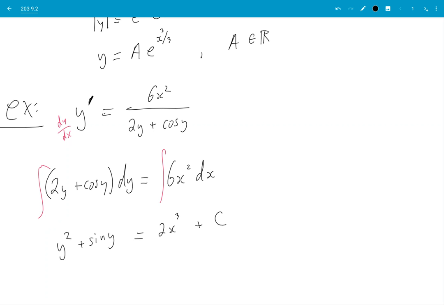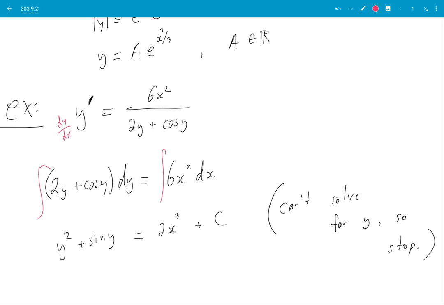Now, this one's different. Okay, we cannot solve for y. So we just stop here. Okay, this will happen occasionally.